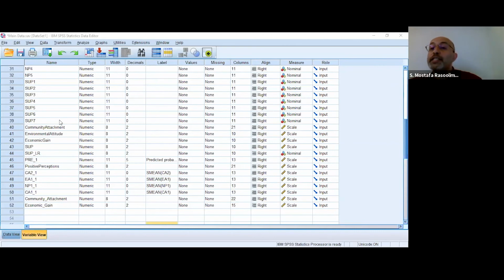And our hypothesis is two-tailed, because we just hypothesize there is a significant difference between community attachment before this experiment and after, before this training and after this training, before this event and after this event, right?